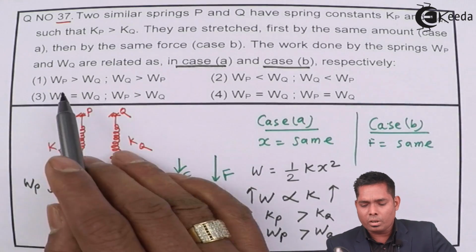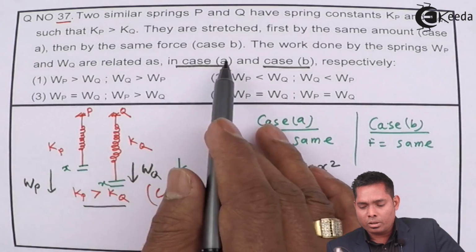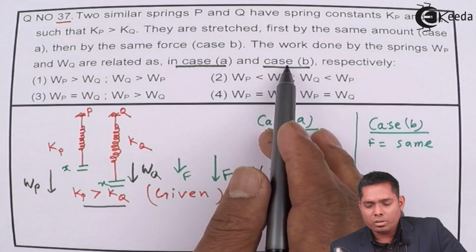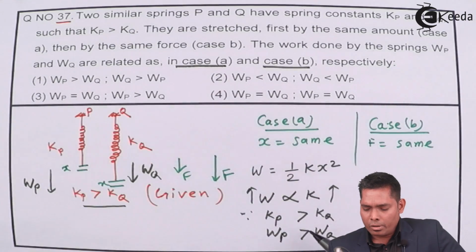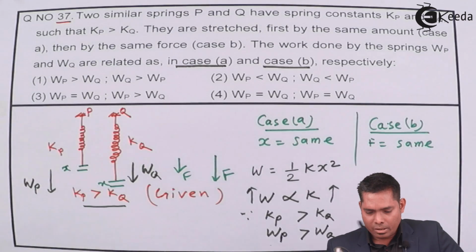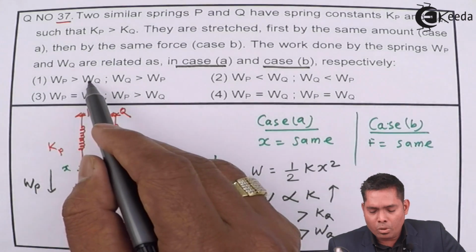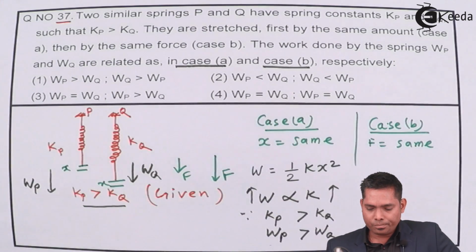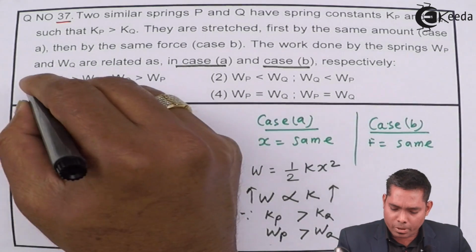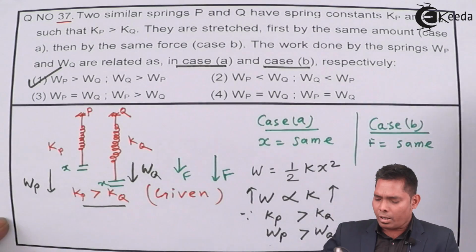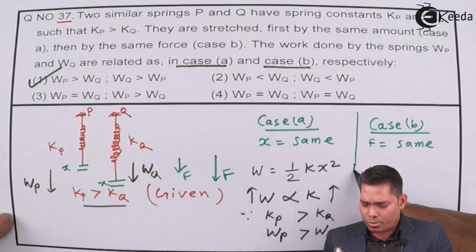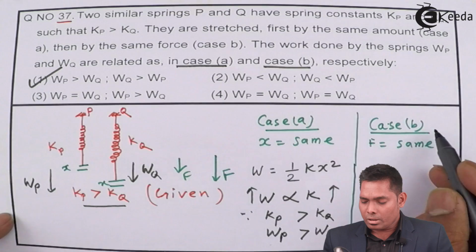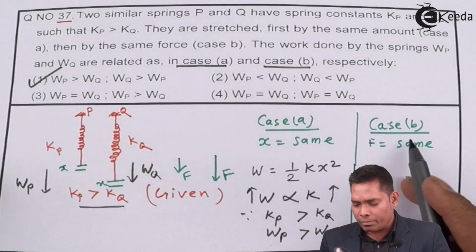You need not solve for case B, because in the first case we directly get Wp greater than Wq, and this is present only in option 1 and there is no other option like it. So this should be the answer. But still, if we want to check, we will see the case where the force is the same.